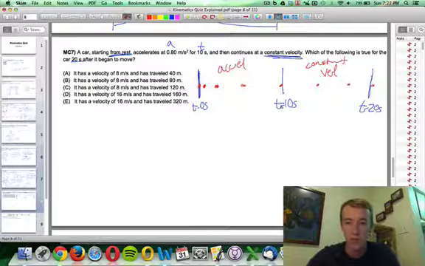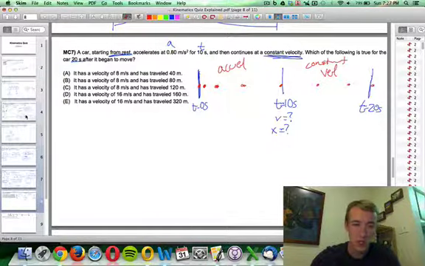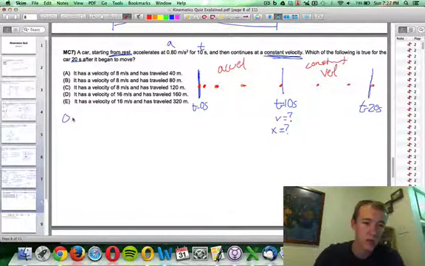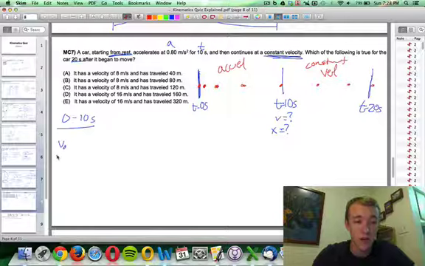I want to figure out at t equals 10 seconds, what is the velocity and how far have we traveled. So I'm going to do that over here. Let's just do from 0 to 10 seconds. This is a constant acceleration part. Let's write down our variables. Let's figure out what we know and what we're trying to find.